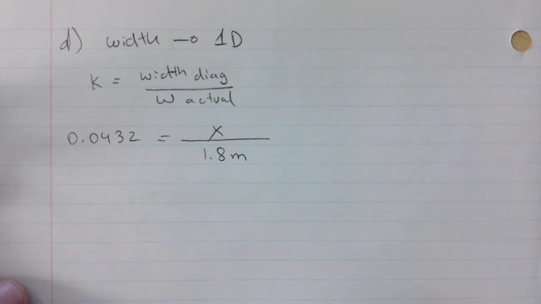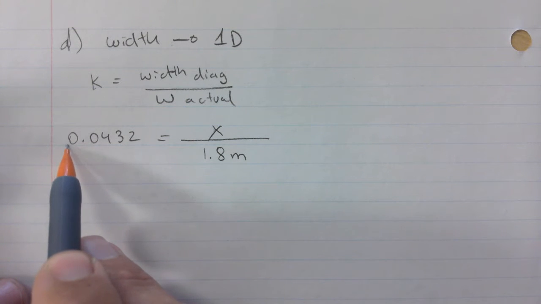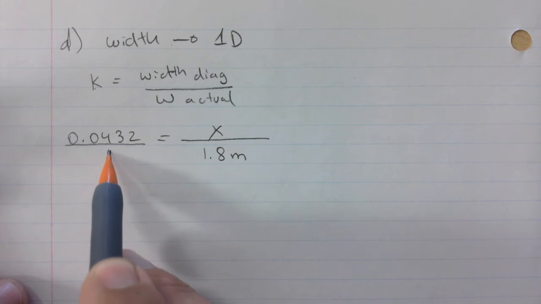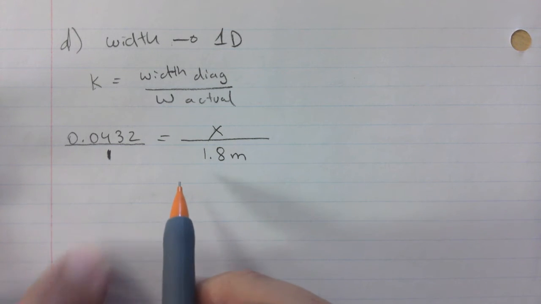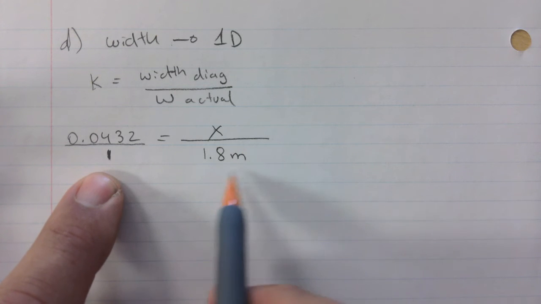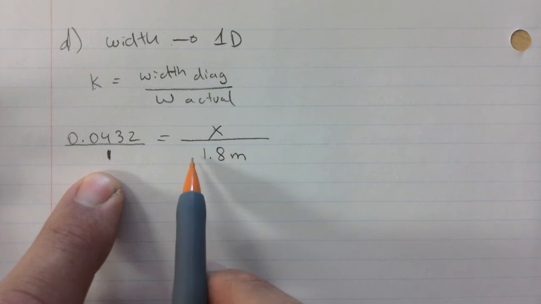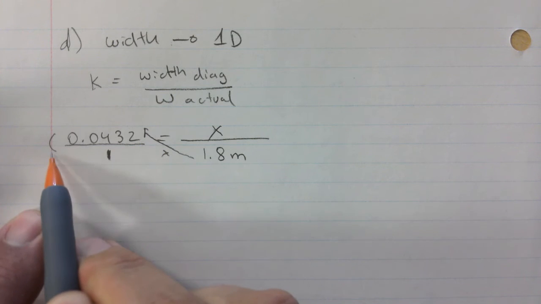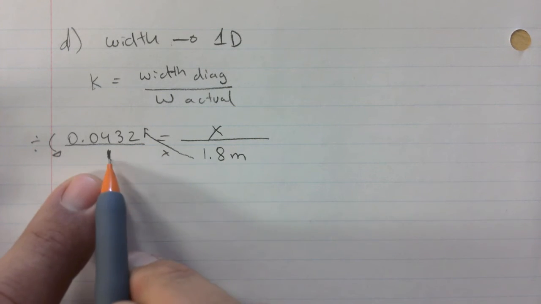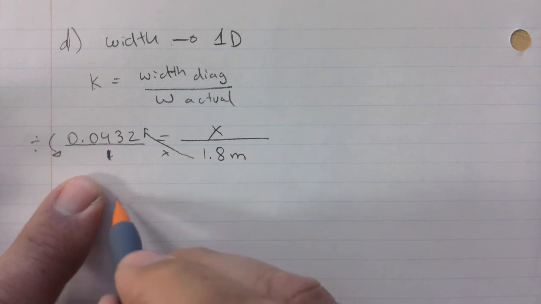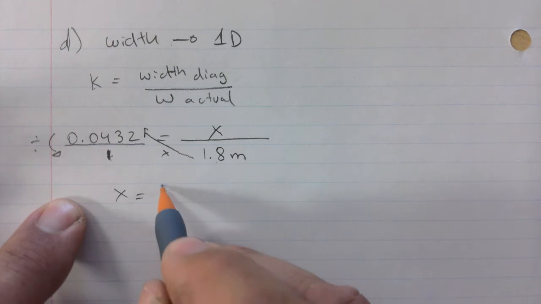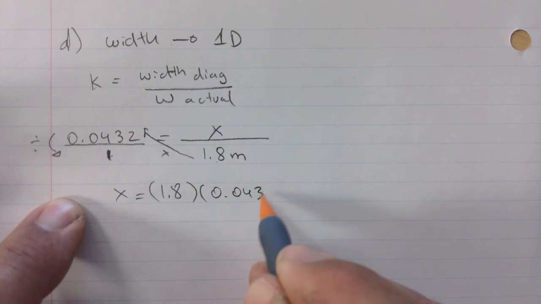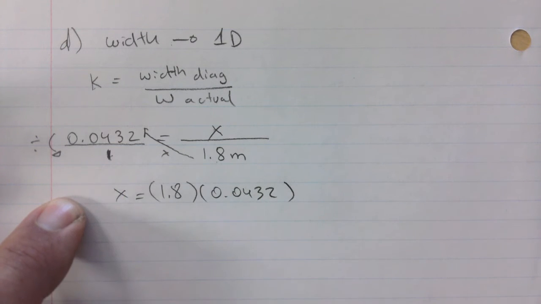And I'm going to introduce the shortcut again. I'm okay with it. If you have a different teacher next year, they might not like it. But you start on the side where your variable is and you go diagonally across, always multiplying first, and then divide by what's left over. In this case, it's 1. So X is really 1.8 times 0.0432 divided by 1, which is irrelevant.